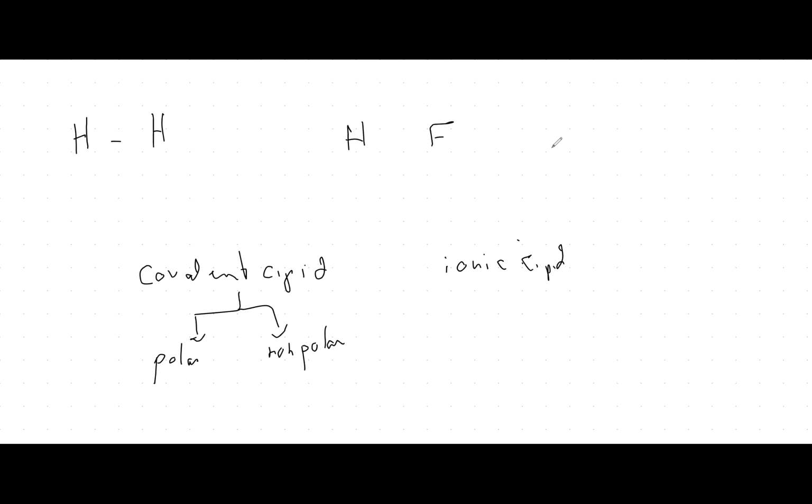Why? Let's see, hydrogen. We have to depend on the electronegativity. I know the electronegativity for hydrogen is 2.2, and here hydrogen is 2.2 and fluorine is 3.9. Is this correct if we go to the periodic table?